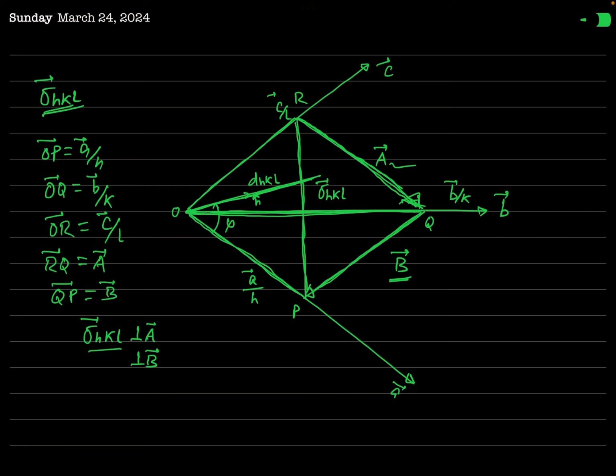Now see this figure. When I discussed interplanar separation in my earlier lecture, you saw that if this normal makes an angle phi with the a axis, then the interplanar separation d_hkl can be expressed in terms of this angle phi.